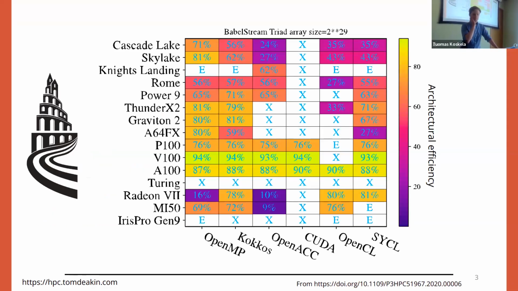I've got another example from Tom Deakin from Bristol, who we are working with, and who does research on performance portability. He has a benchmark called BabelStream that I'll talk about a little later. They write it in every conceivable programming model they can get their hands on, run it on every conceivable architecture they can think of, and collect a performance number.